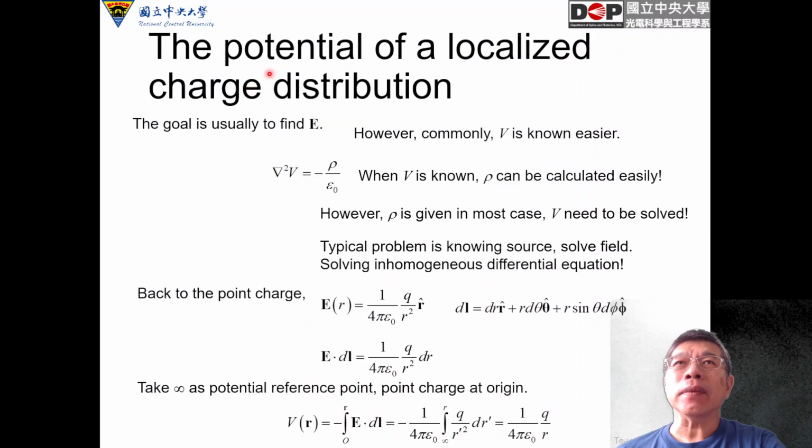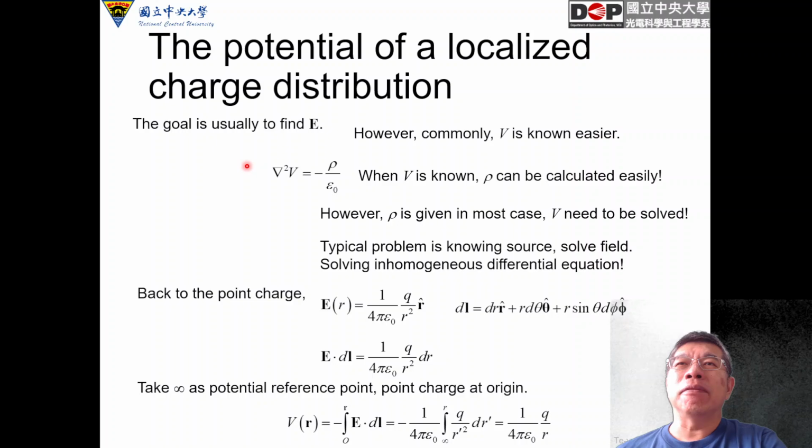Okay. The potential of a local charge distribution. The goal is usually to find the electric field, because we usually know where we put the source and we would like to know the electric field distributed in space. However, commonly the electric field is rather difficult to obtain, but potential is easier to know in general.